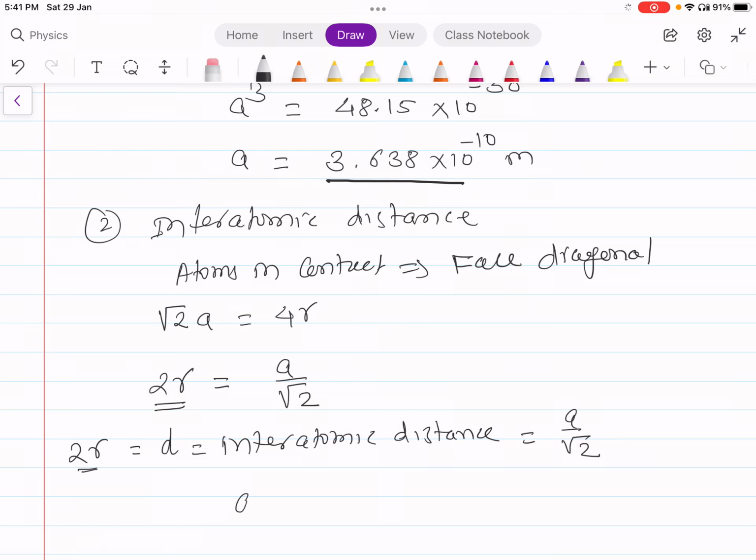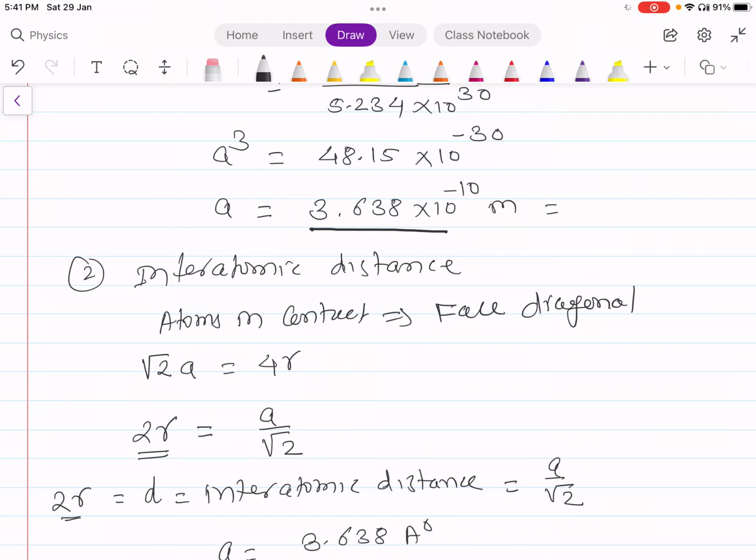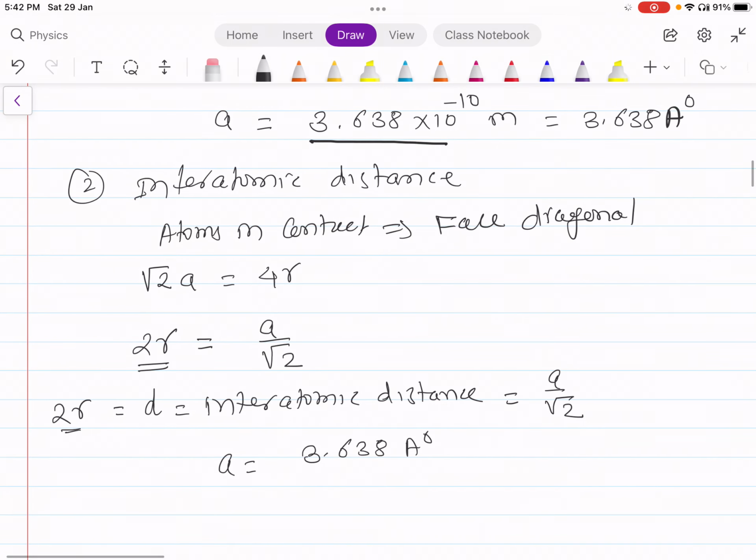So a is equal to 3.638 angstrom. This was in meters, so that is equal to 3.638 angstrom. What we have to find is d, and that d is equal to a by root 2.